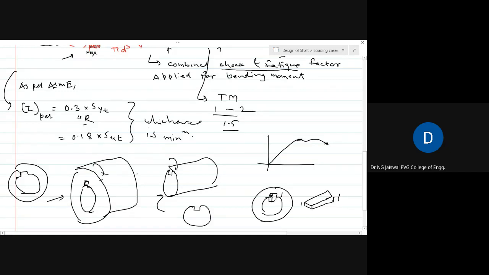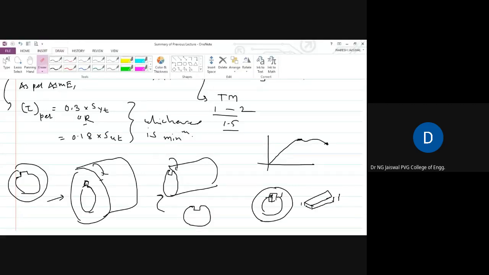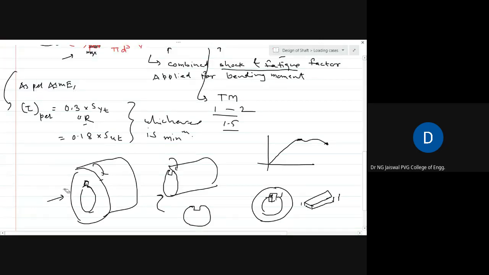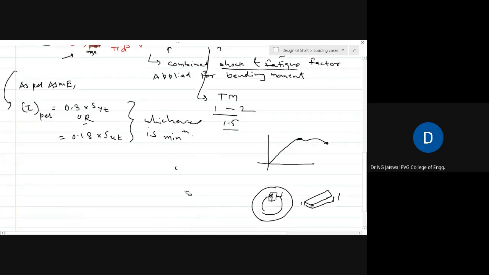Now, the problem is that whenever you cut any material, the strength of that material gets reduced. That's the universal truth. Whenever the material is cut at a certain location, it reduces the strength of that material.